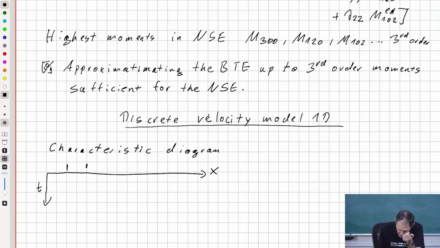We say that this distance here is 1 delta x, and this distance here is 1 delta t. And now we have here our lattice nodes in space, and we also have them in time.